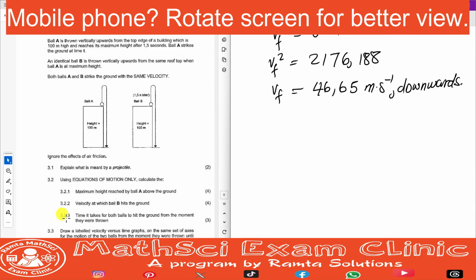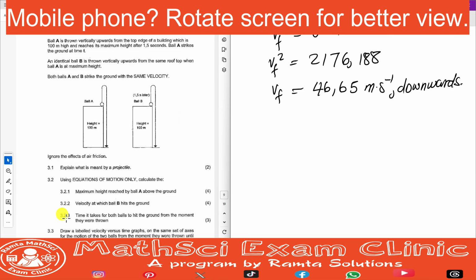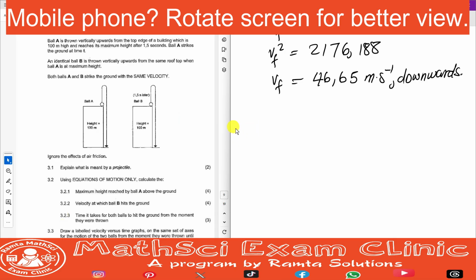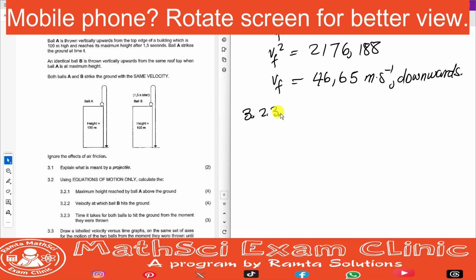So what I'm going to do now is this. For 3.2.3, I know already that the time taken for ball A to reach maximum height is 1.5. So once again, upwards is positive.